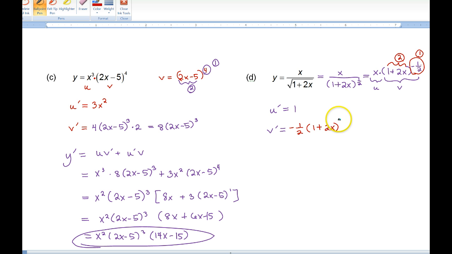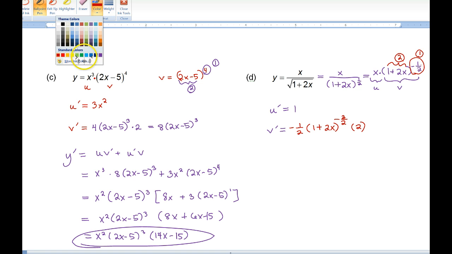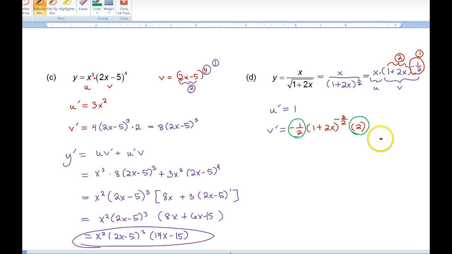So negative 1/2 minus 1 would be negative 1.5, or you can also write it as negative 3/2, times the derivative of the inside, which is 2. Okay, so if I look at what I have here, I have a negative 1/2 and a 2. So I basically have a negative and then a 1 plus 2x to the negative 3/2.